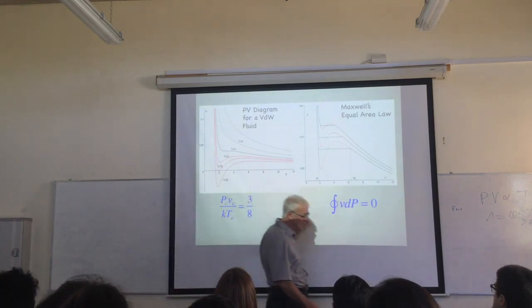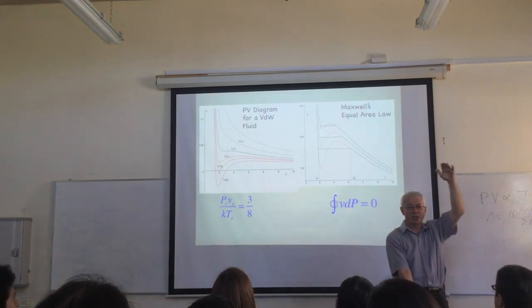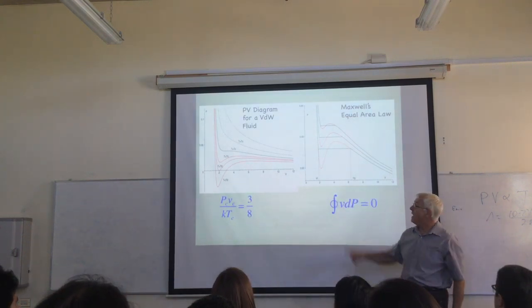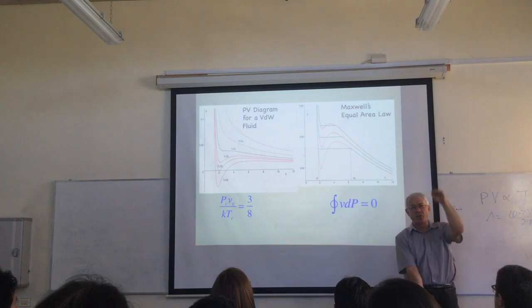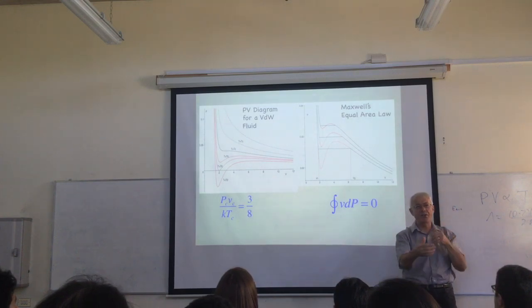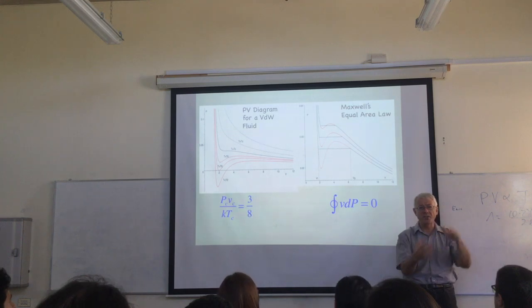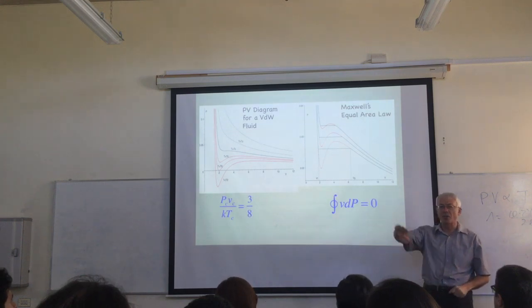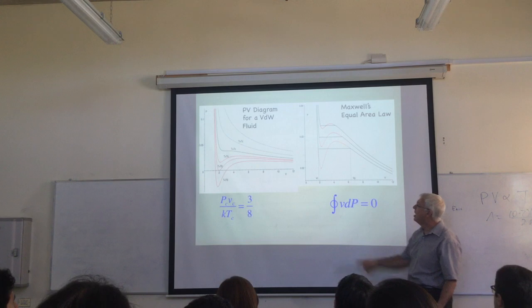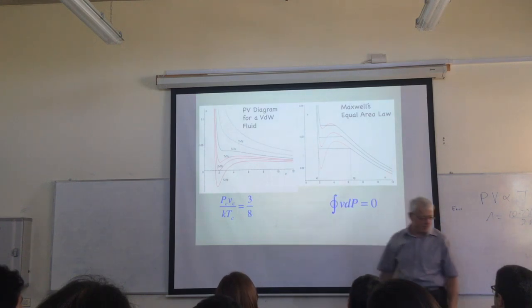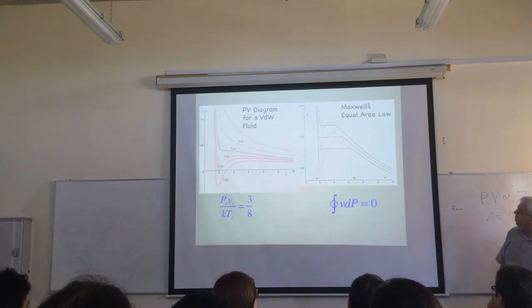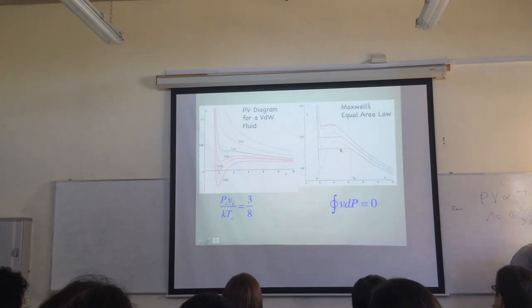If I have a box of gas, it's at a big volume, I'm going to start squeezing it. If I'm above critical temperature, I can never tell the difference between a gas and a liquid. I can keep squeezing and squeezing, and I find the pressure smoothly goes up. But if I'm below the critical temperature, I will reach a point given by Maxwell's equal area law that I'll mention in a minute.